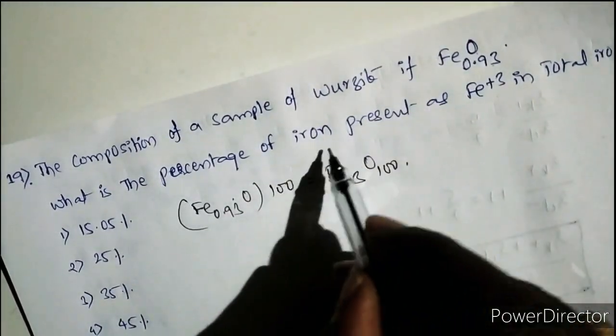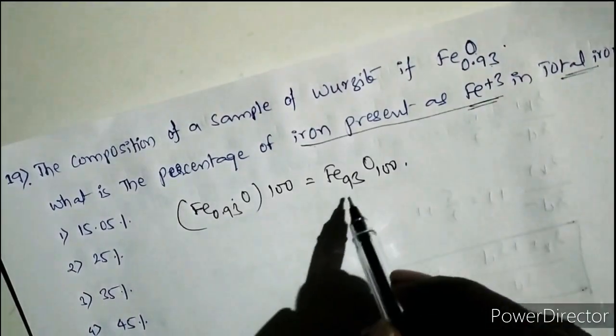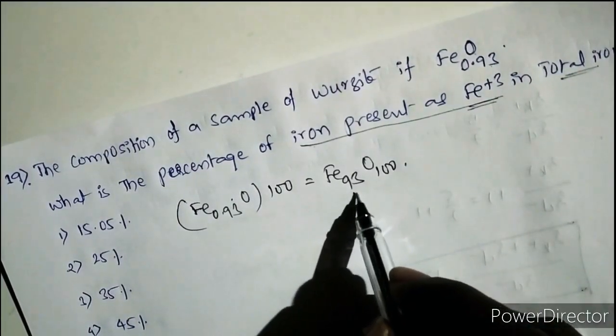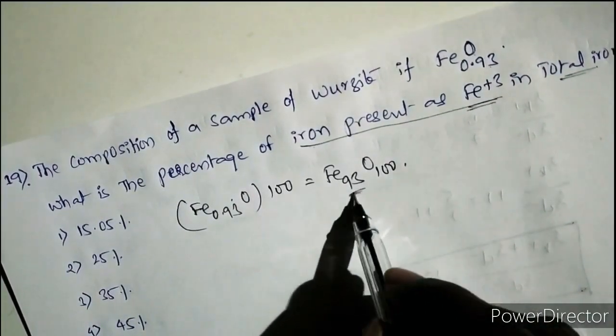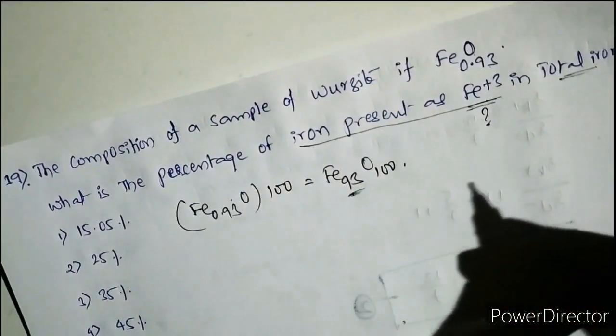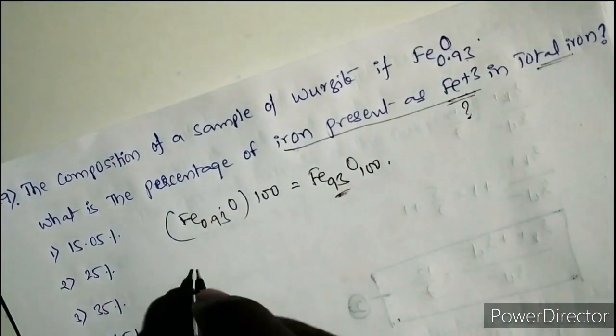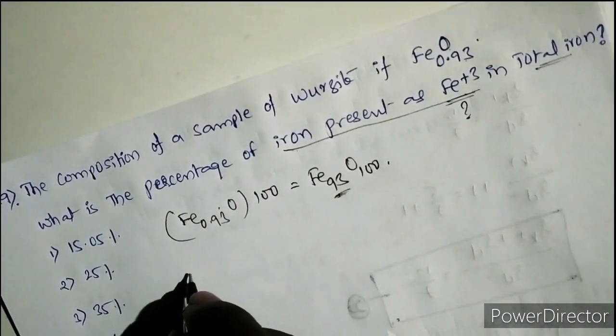What is their question? The iron present in plus 3 in total irons. How many total irons are there? 93 total irons are there. In that, how many irons are present in plus 3 oxidation state? That is the question. You have to find it. So what I'll do is, I'll assume some atoms.